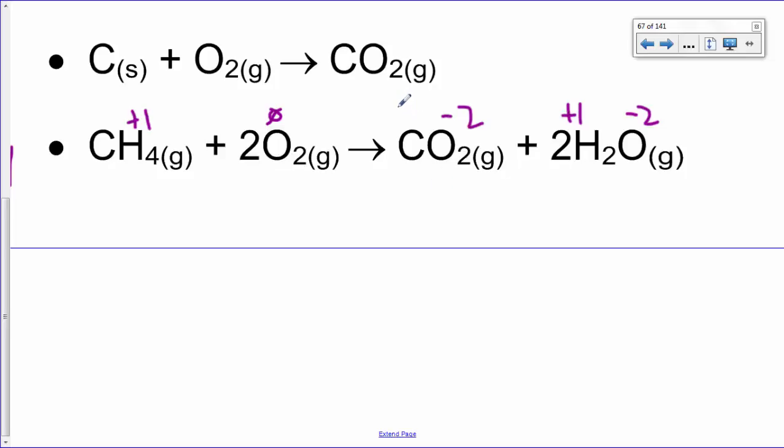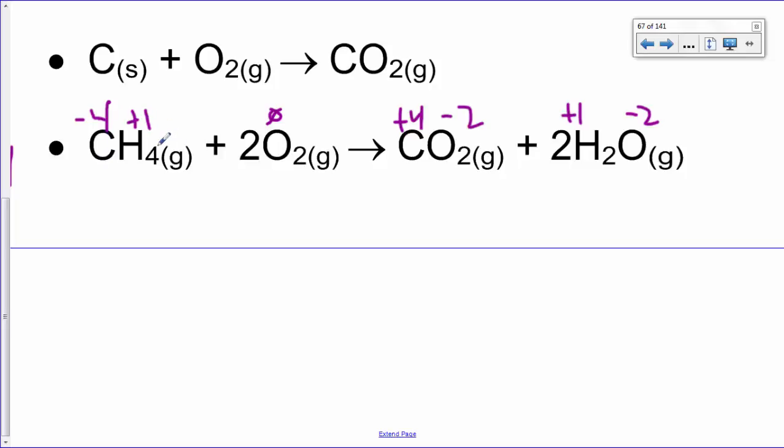So here carbon is going to need to be a +4. I hope that's intuitive. Working backwards, if you have a +4, then this -2 times 2 is -4, so it'll balance out and make a neutral molecule. Whereas right here, this carbon will have to be a -4, the idea being that -4 will be counterbalanced by 4 hydrogens at +1, being +4.